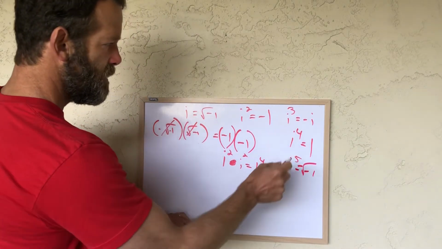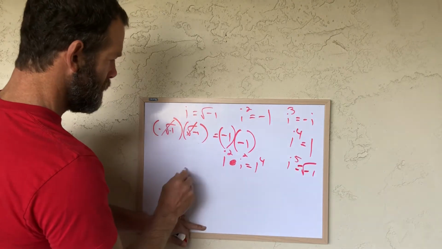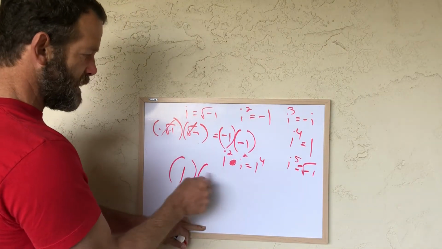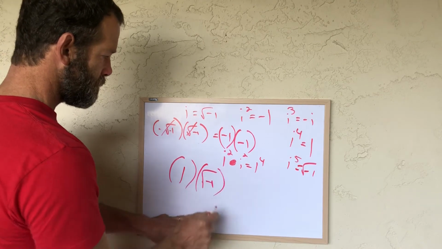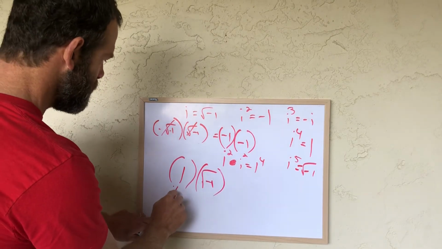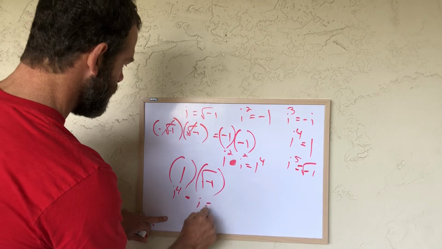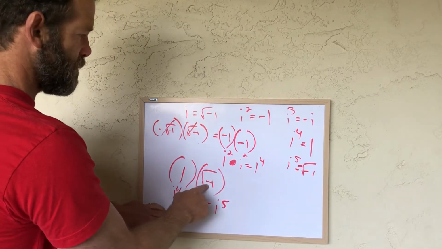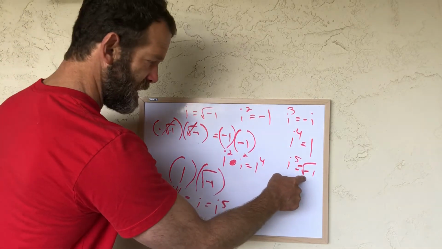Watch, let me show you. Remember i to the fourth was 1? What's 1 times another i? This is i to the fourth times i equals i to the fifth, which is what I'm trying to find. 1 times the square root of -1 is the square root of -1.